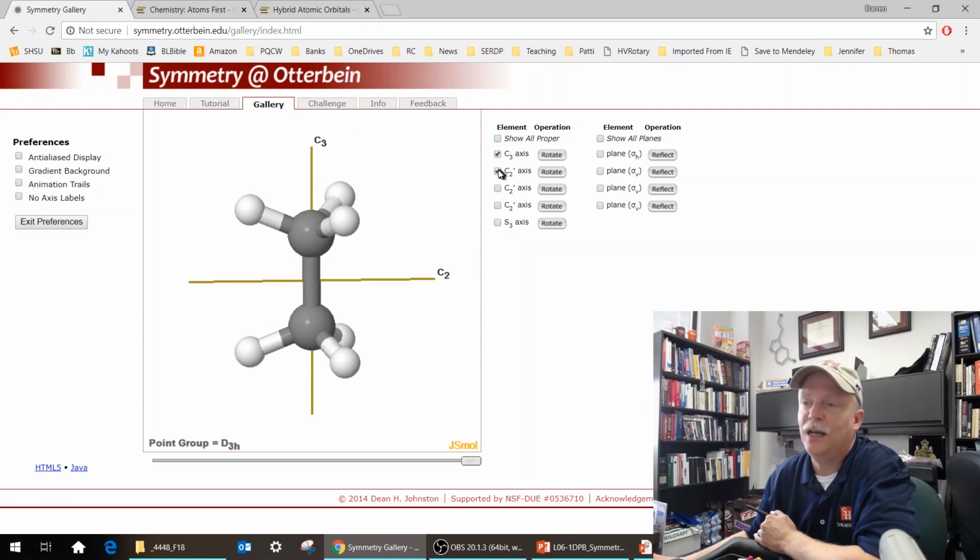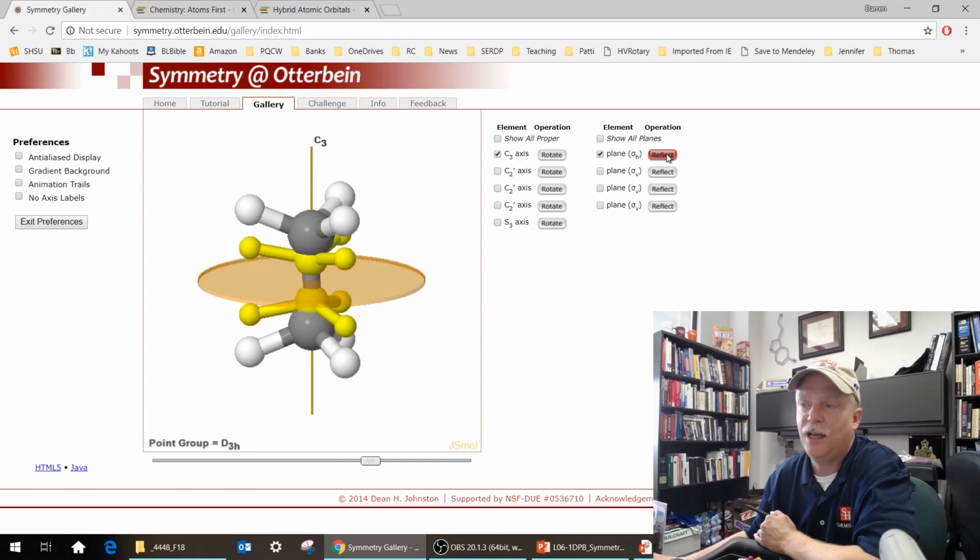We pick that axis and we look perpendicular to it. Is there a horizontal plane of symmetry? Yes, there is in this molecule because it's eclipsed. If we reflect those, that exchanges the atoms from the top and bottom. The carbons are exchanged and the hydrogens are exchanged.